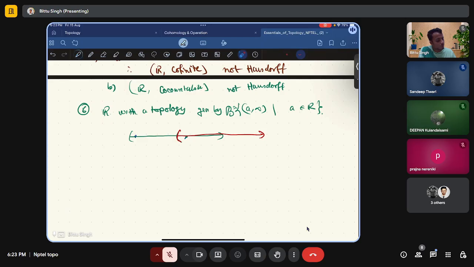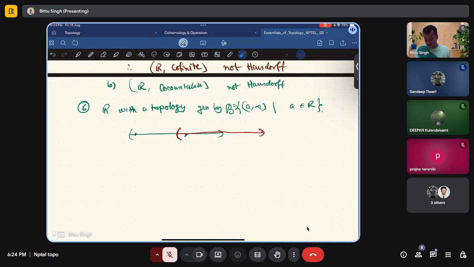So there will always be an overlap. The part (B, infinity), whichever is bigger, okay, this is A, this is B, will be contained in the intersection. So this cannot be Hausdorff. Those are a few examples.